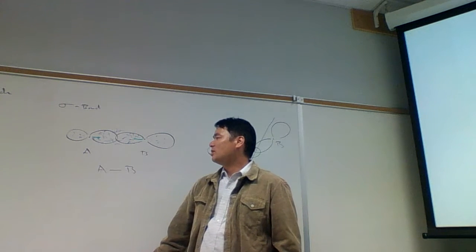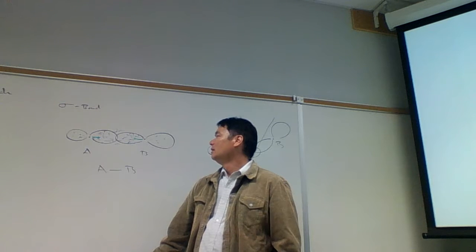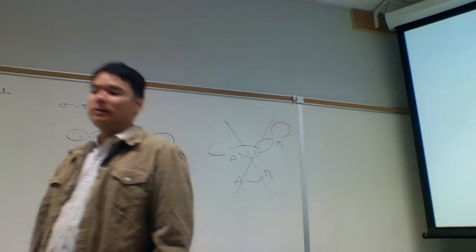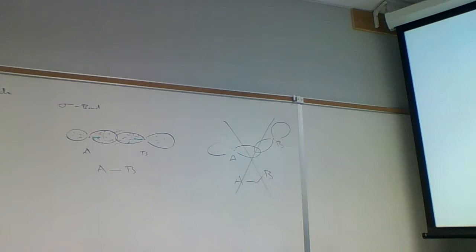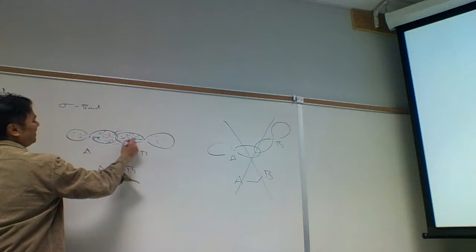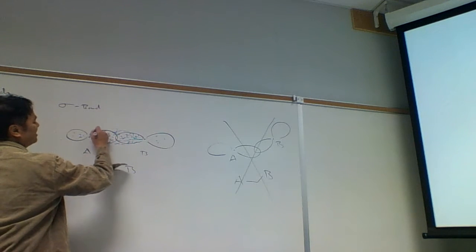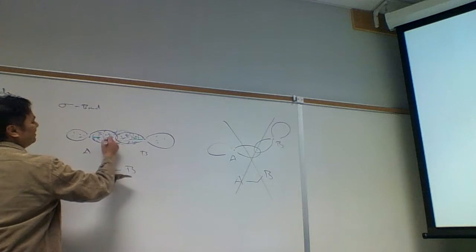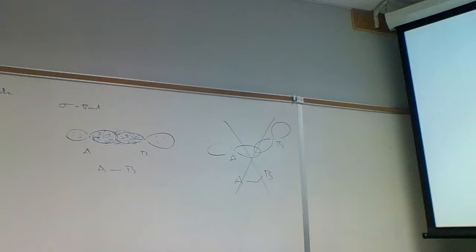Perhaps I didn't draw the density right. The density here will be much more concentrated along the axis. And so we have the same number of dots here. You might think the pi bond is stronger because it's got 2 overlaps.